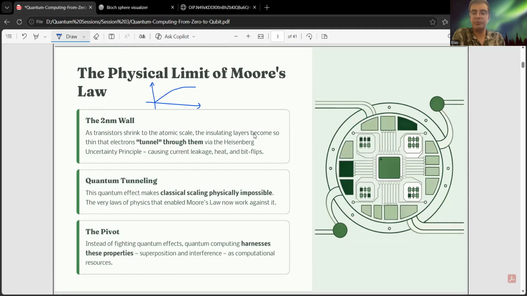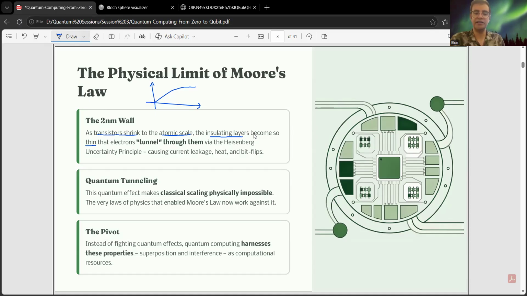So the number of transistors that can fit within a space keeps increasing, but we are hitting a limit. That's because as transistors shrink to the atomic scale, the insulating layer is becoming so thin that electrons can tunnel through these walls.